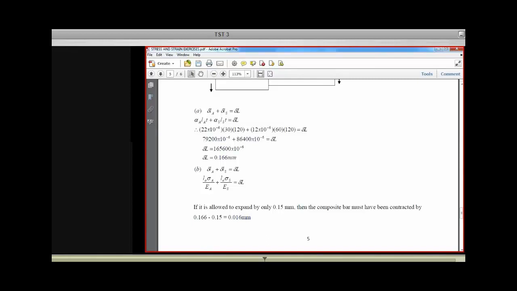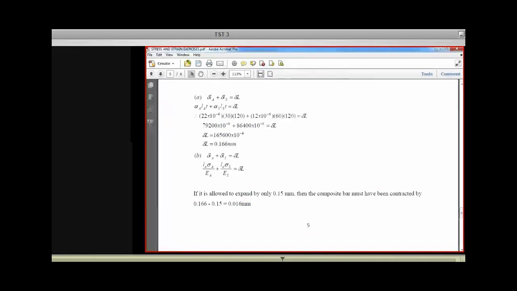Because now, if the total expansion is supposed to be 0.166, and it has been arranged in such a way that it can only be allowed to expand by 0.15, that means internally there must be a kind of contraction that has taken place such that the composite bars has been contracted by that difference. So it's 0.166 minus the 0.15. So there must be a contraction of this internally to be able to make the composite rod to only expand for the amount of 0.15.